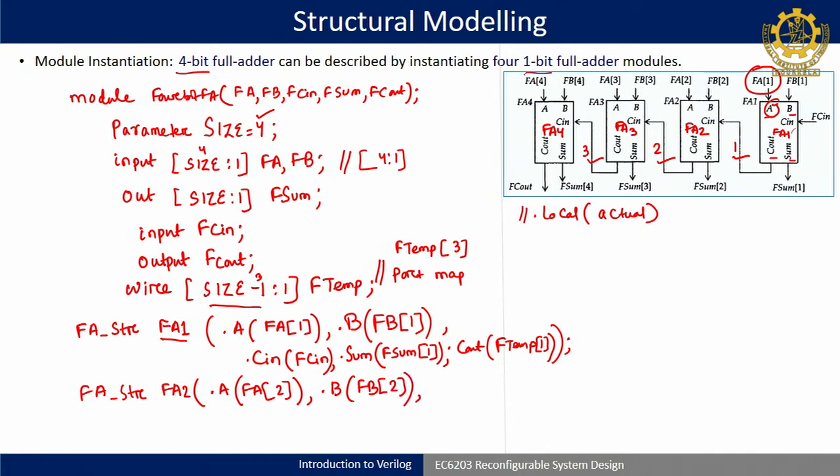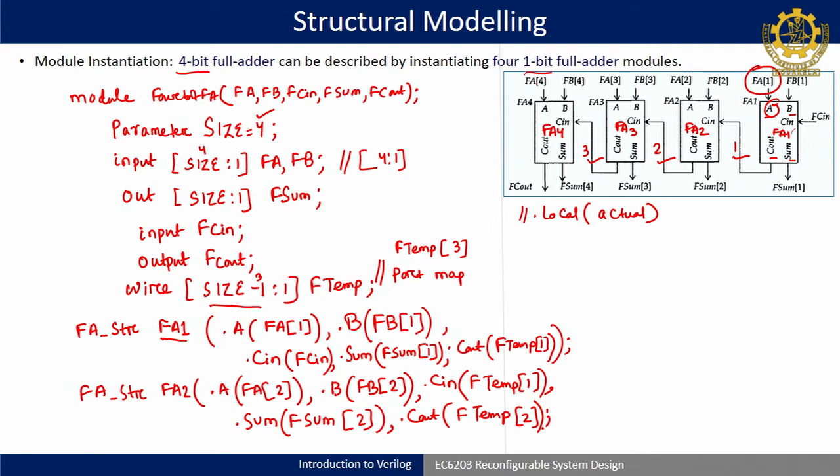Then comma, dot cin is mapped with ftemp bracket 1. Again comma, I will continue below; in code you have to write in a single line. After that dot sum, in bracket fsum bracket 2, then comma dot cout with ftemp bracket 2, bracket end, then semicolon.